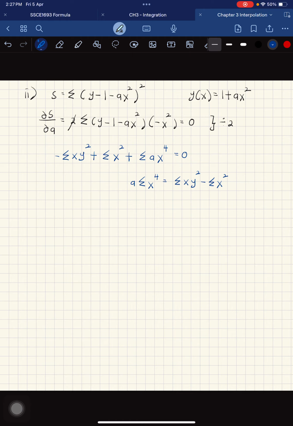Okay, so we need to find, by using your calculator, the value for summation x4, xy squared, and also summation x squared.